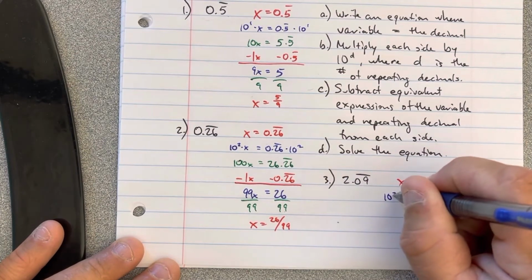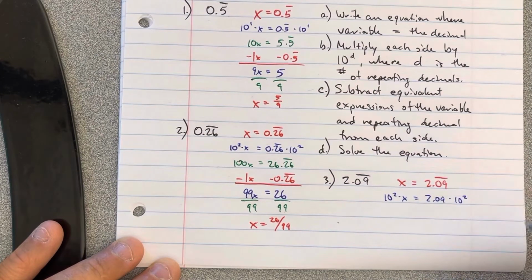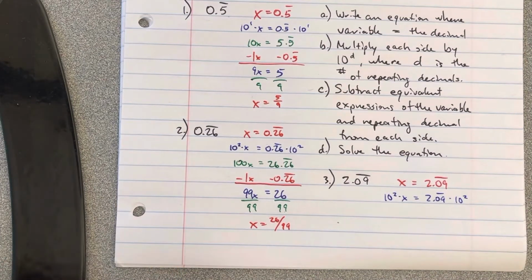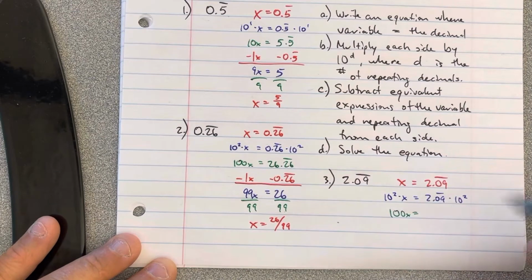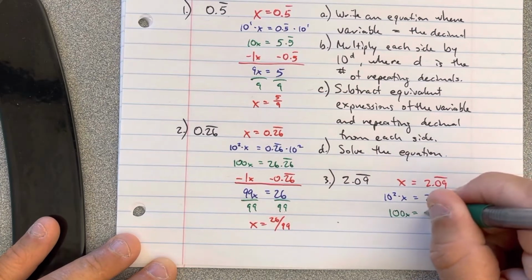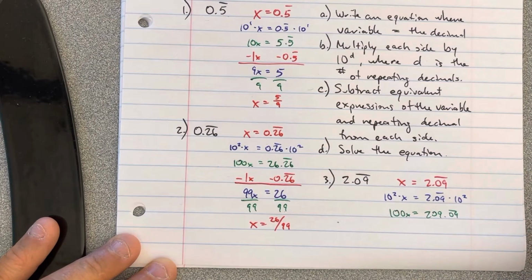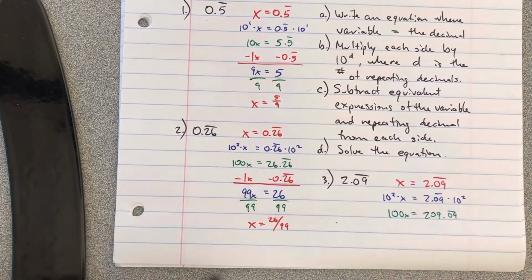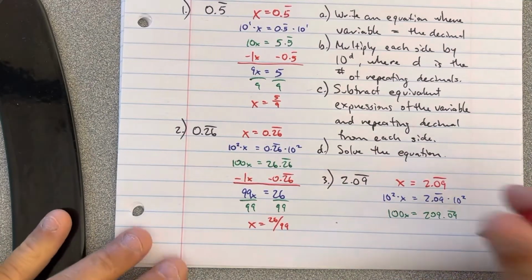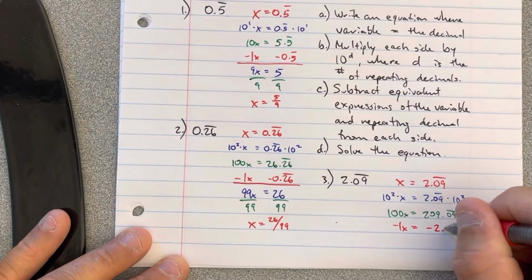So it's 10 squared times x, and 2.09 repeating times 10 squared. That leaves us with 100x on the left side, and 209.09 repeating on this side. I'm going to subtract 1x and 2.09 repeating from both sides.